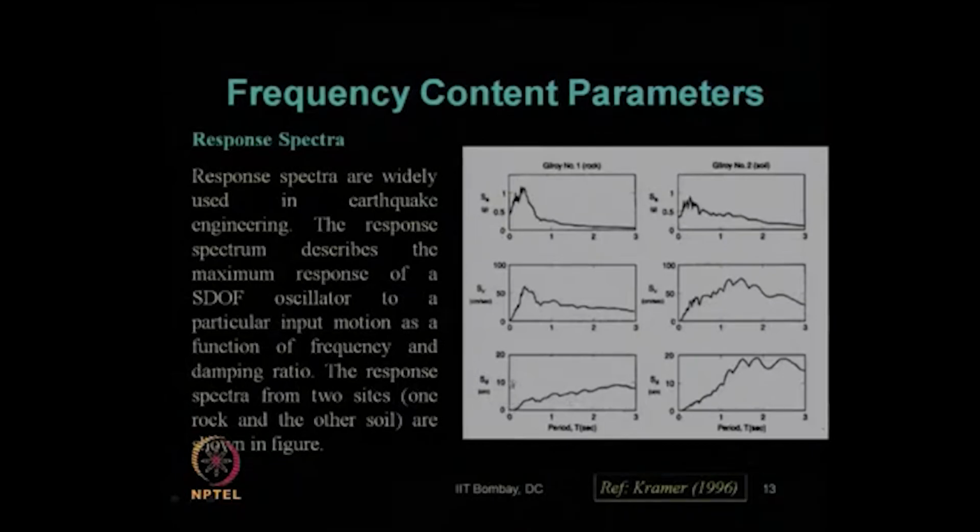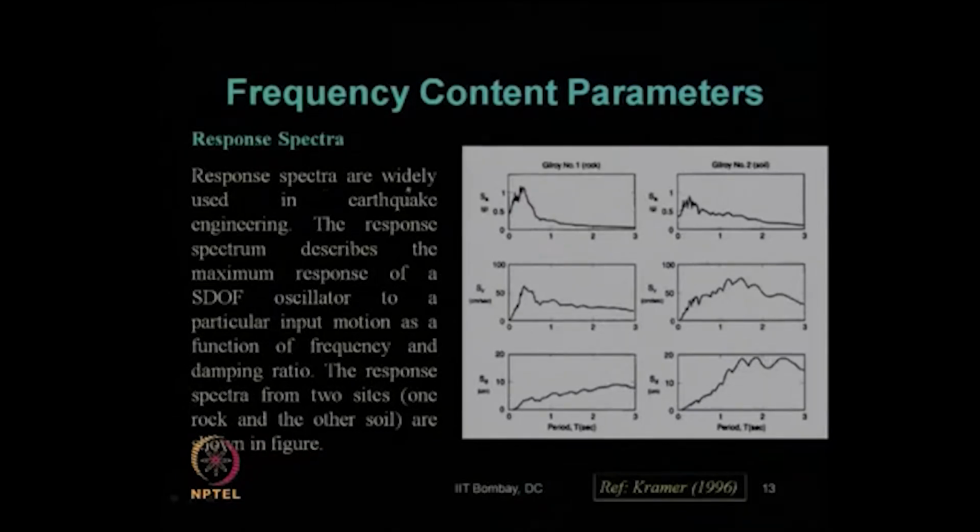This is the displacement response spectra for the rock site, and this is the displacement response spectra for the soil site. If you look here, the typical values of the response spectra in the rock site are pretty high compared to the soil site, whereas for displacement, for the rock site it is pretty low compared to the soil site.